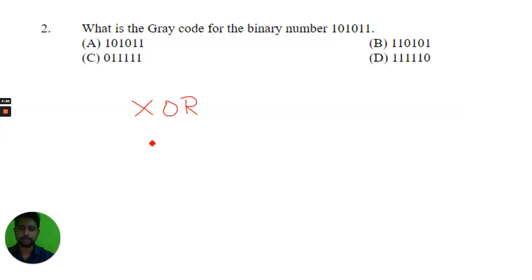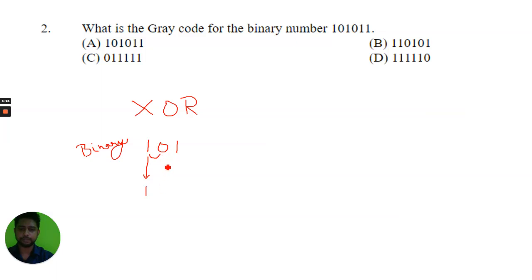So if we have a code which is in the form of 1, 0 and 1, so this is a binary code, and we need to convert it. We have to convert this binary into a gray code. So for finding out the gray code for this number 101, first of all, the first bit, or the MSB, will be the same, that is 1, and we will XOR these two.